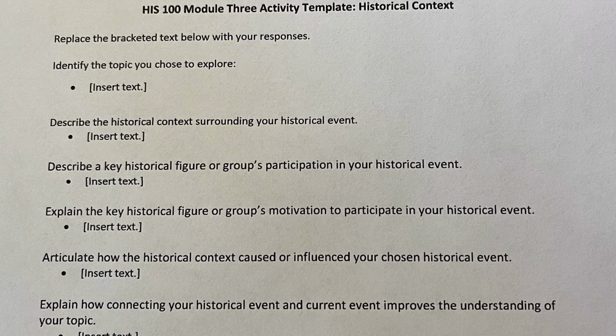That's whatever kind of event you want to choose, and I'm thinking current very broadly. Anything within the last probably 10 years or so is going to be perfectly acceptable. So the idea is just to get you relating your historical event to a current event and thinking about how that might help you better understand your topic.